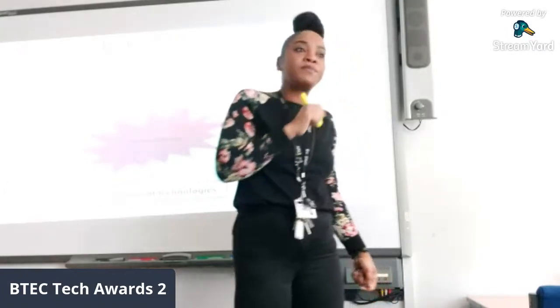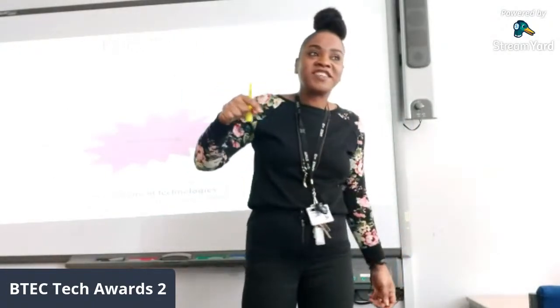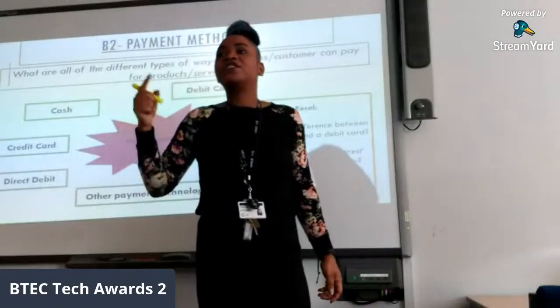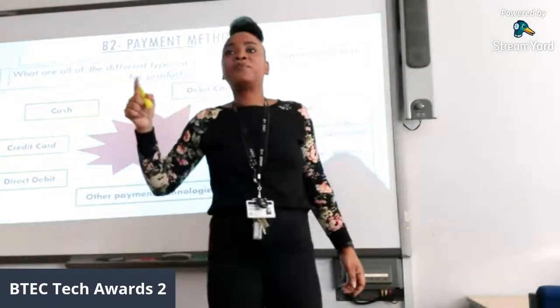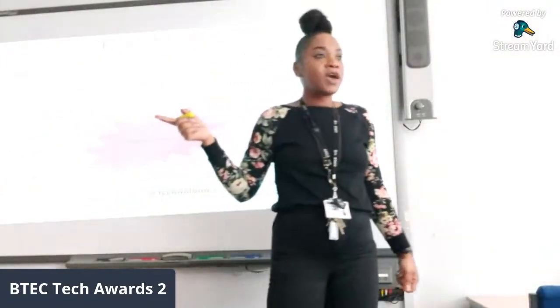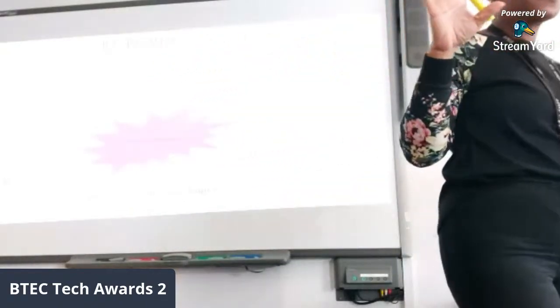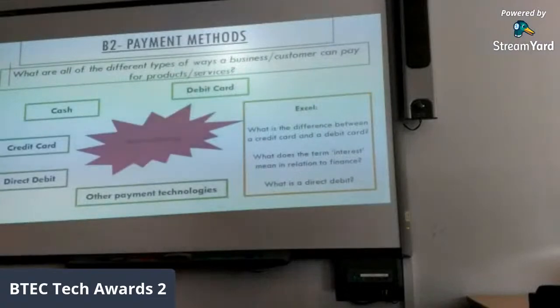But on the flip side, if you have a savings account with your money, they pay you interest. You get money on your money, but you have to pay them money to borrow their money. Do you understand it better?